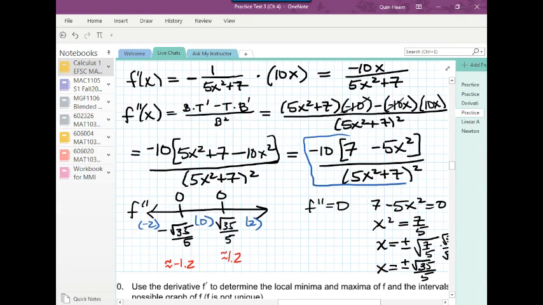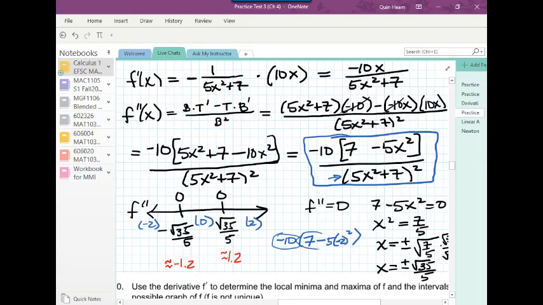So the only thing we need to put on our number line is negative square root of 35 over 5 and positive square root of 35 over 5. These are where the second derivative is equal to 0. Now, you should always use exact values as much as possible. But you might want to estimate this just so that you can pick values that you know are in the right interval, because we need test values.